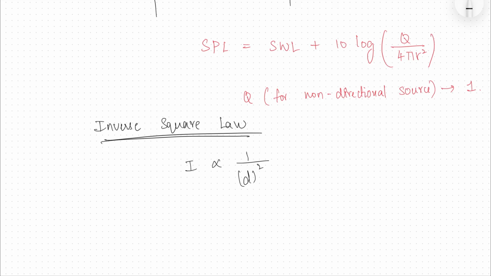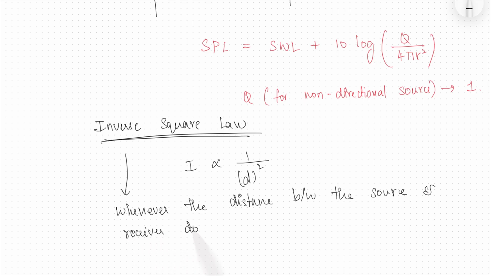But what it means in basic terms is, whenever the distance between the source and receiver doubles, the sound level decreases by 6 decibel. Okay, so this is what the inverse square law means.